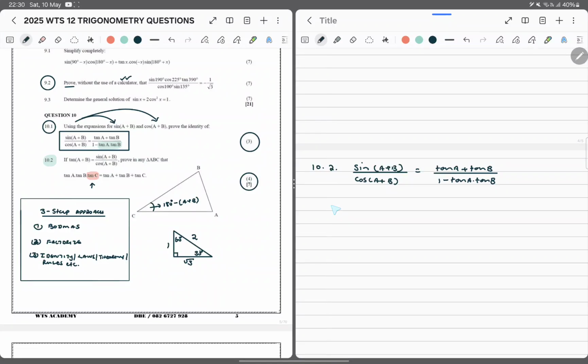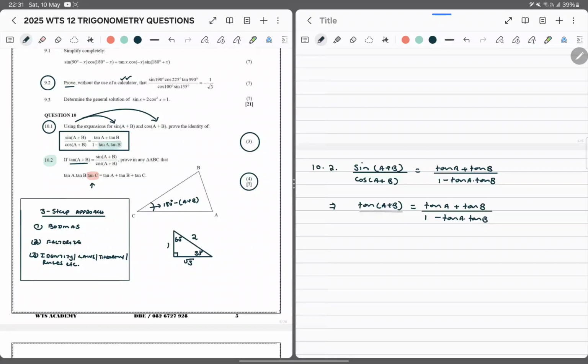But now this implies what? Remember, we saw that this is tan A and tan B, so we first simplify this one. This means tan of A plus B is equal to tan A plus tan B over 1 minus tan A tan B. I smell trouble though, but it's not a big deal.